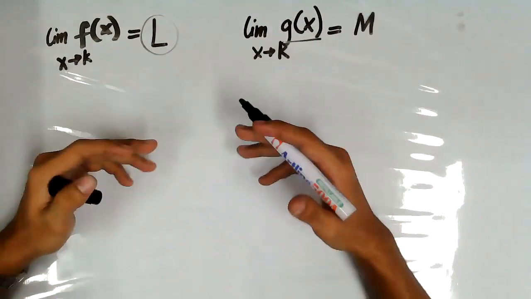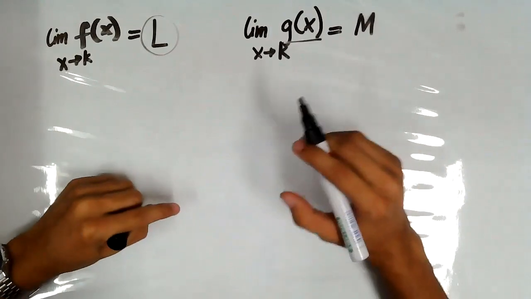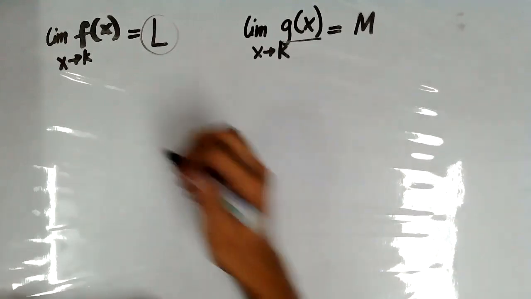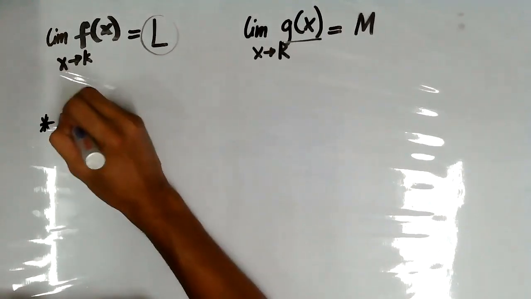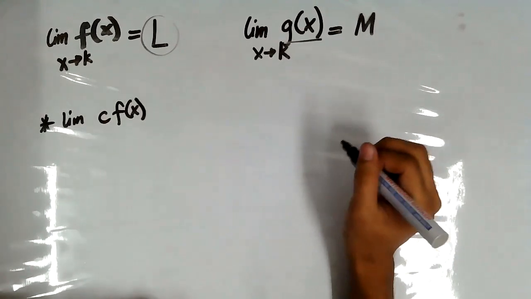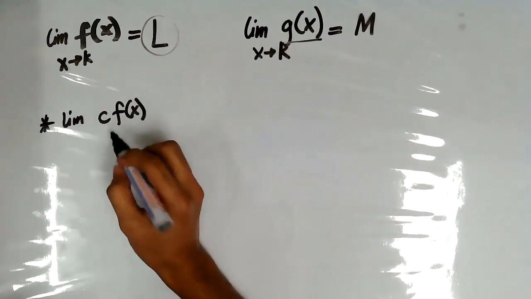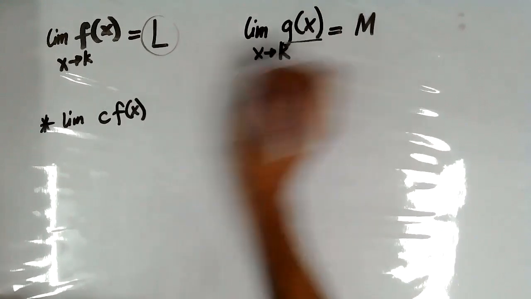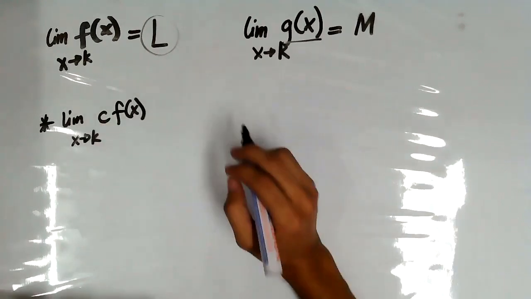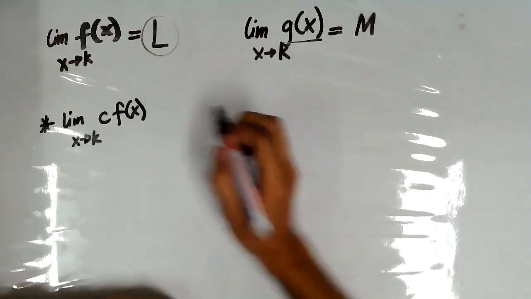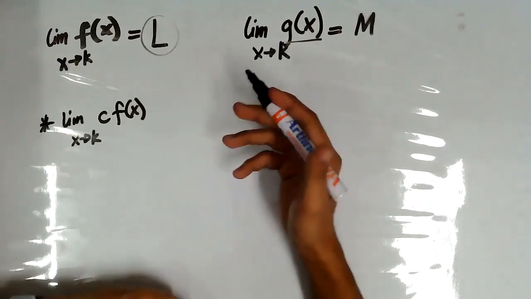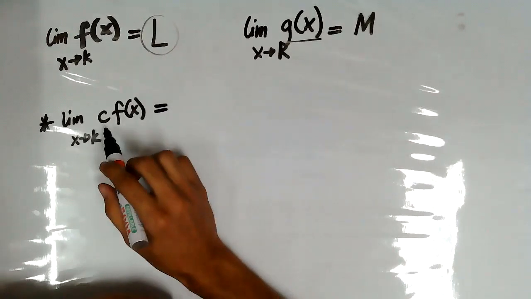So what do you think will happen if you're going to try to get the limit of the constant multiple? Or let's say you're going to get the function that has a constant. So the limit of your f of x, this is your function, and it has a constant c. So what happened here is your g of x has been replaced by c. It's just getting the limit of the product of two functions. Your c here is just a constant and it is not a function. So what will happen here? Again, it is just the product of two functions.